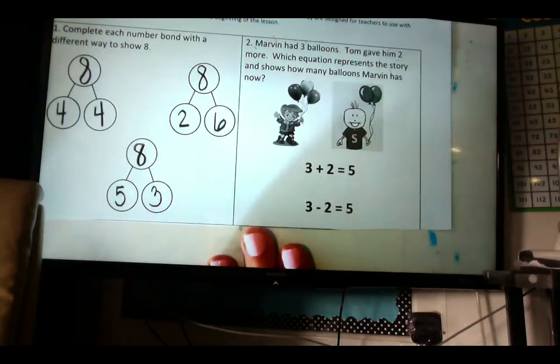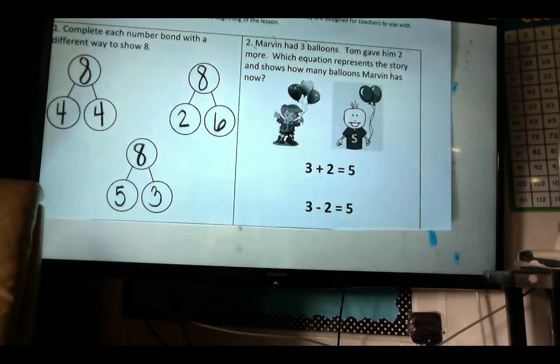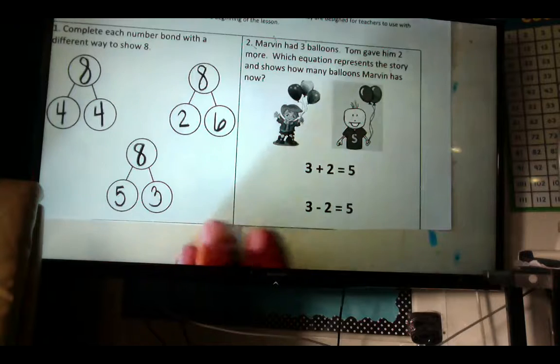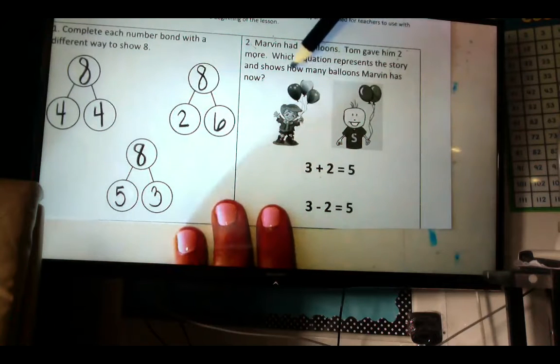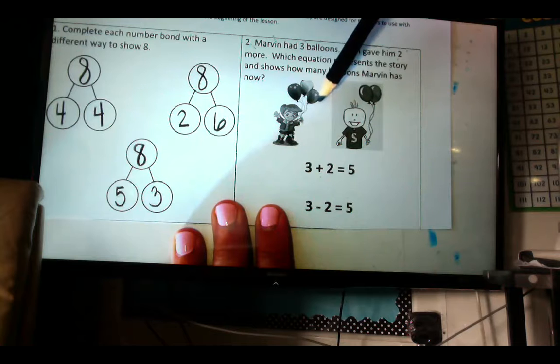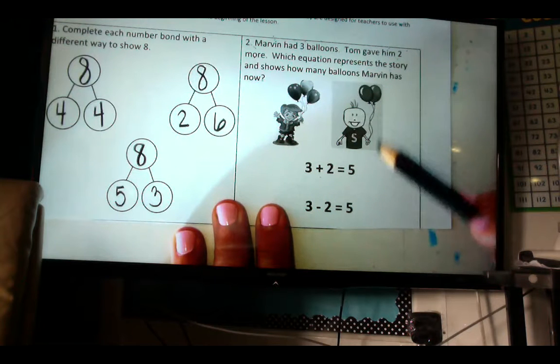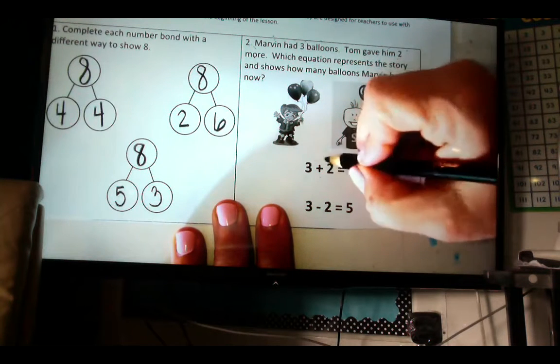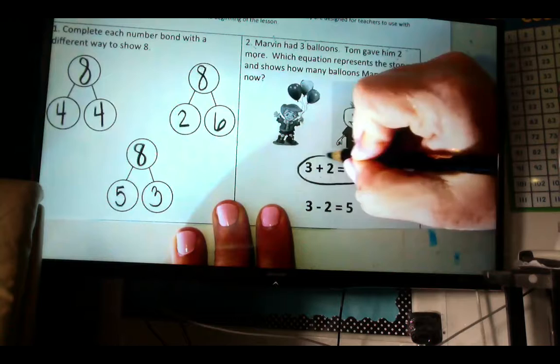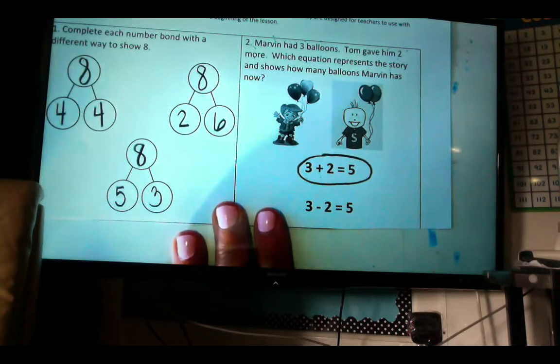How many balloons does Marvin have now? Let's use the picture to help us. Count with me. 1, 2, 3, 4, 5. 3 balloons and 2 more balloons equals 5 all together. You should circle that answer.